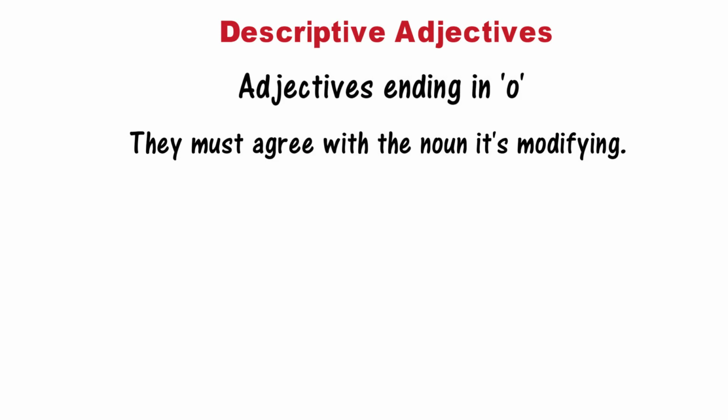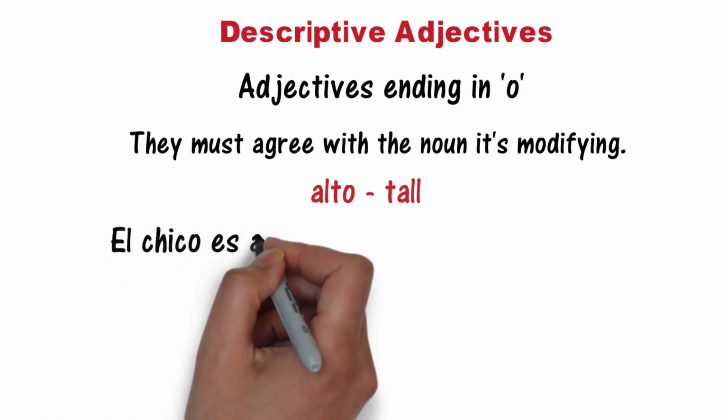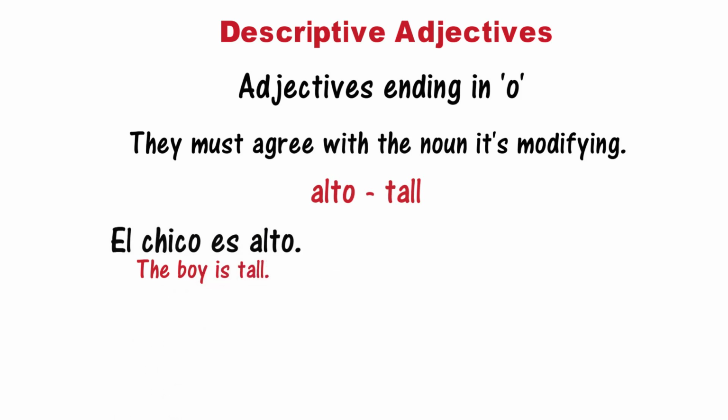So let's take an example. Alto. The adjective we have here is alto. It ends with O, and it means tall. In a sentence we have: El chico es alto. The boy is tall. Now if we want to say the girl is tall, which is la chica, we are not going to use alto this time, but alta.